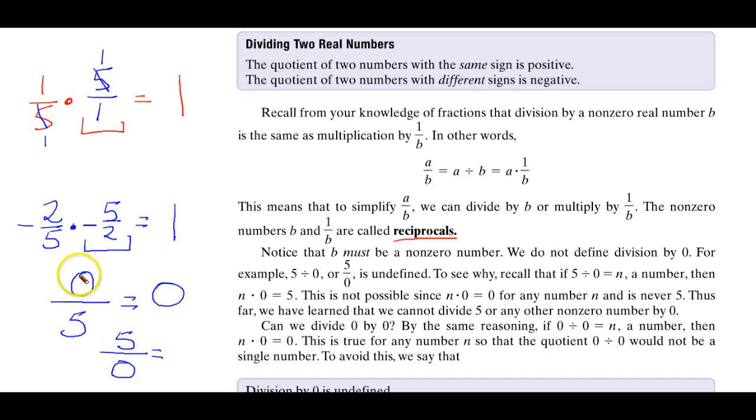So 0 divided by any non-zero number is 0. But 5 divided by 0, this is undefined. And they explain this in our text here.